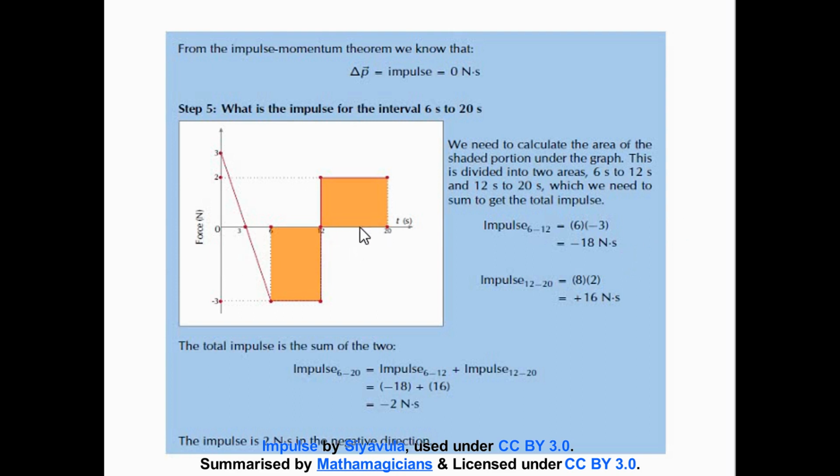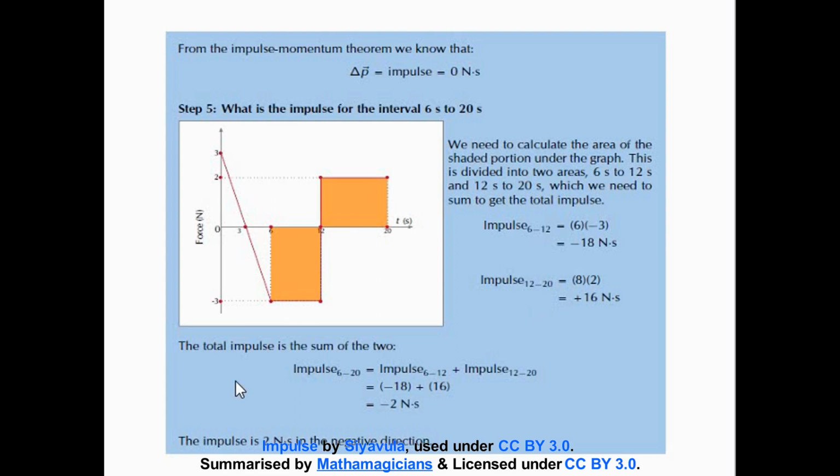From the 12 to 20 interval, we can see that 20 minus 12 is 8, and the height, or the breadth, was 2. So 8 times 2 is 16 newtons per second.